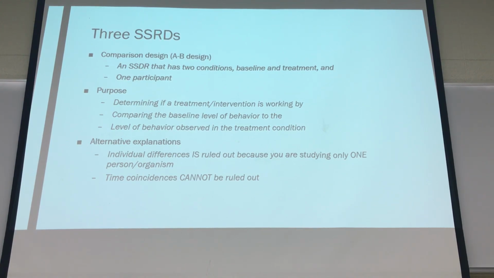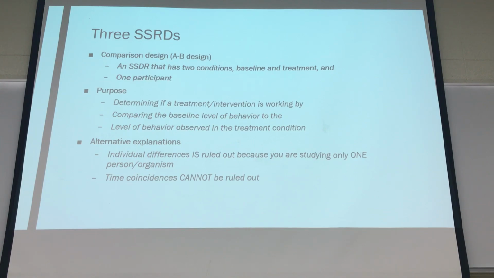All right. With an A-B design, a comparison design, you cannot rule out alternative explanations. The only thing you can rule out is an individual difference, because we're just studying one individual at a time. But we cannot rule out coincidences, because maybe something happened in this person's life at the same time as the intervention.